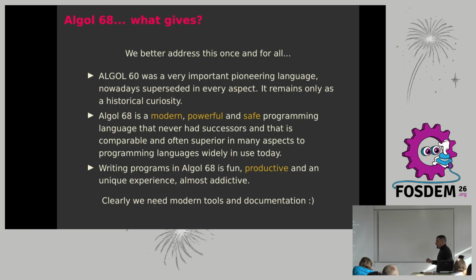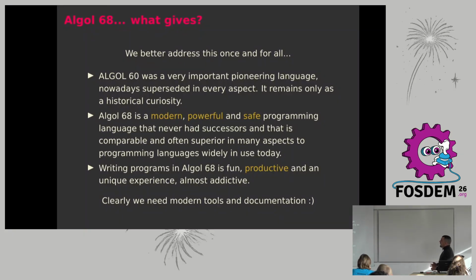So it turns out that Algol 68 is modern. It's more modern than any other programming language that is widely used today. It is powerful. It is more powerful, as a matter of fact, than any other widely used programming language around today. And it is safe. And when we finish implementing all the runtime checks, it's going to be safer than any other widely used programming language around today.